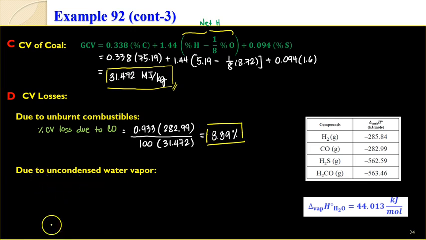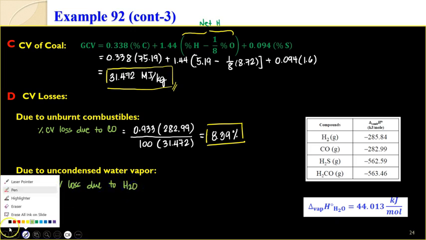Next is due to the uncondensed water vapor. So percent CV loss due to H2O.